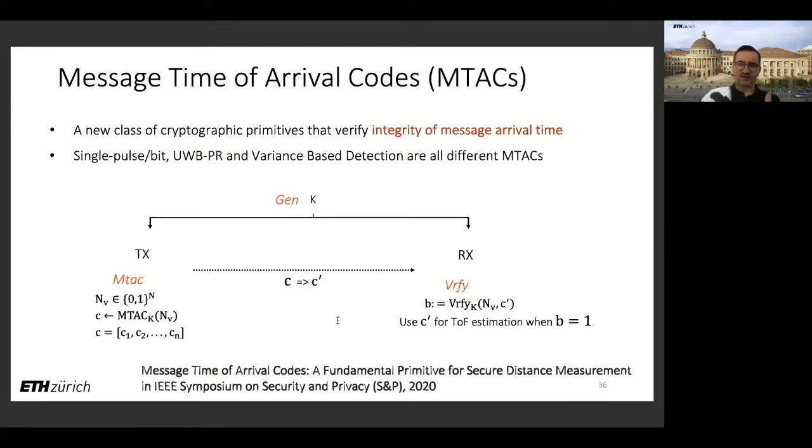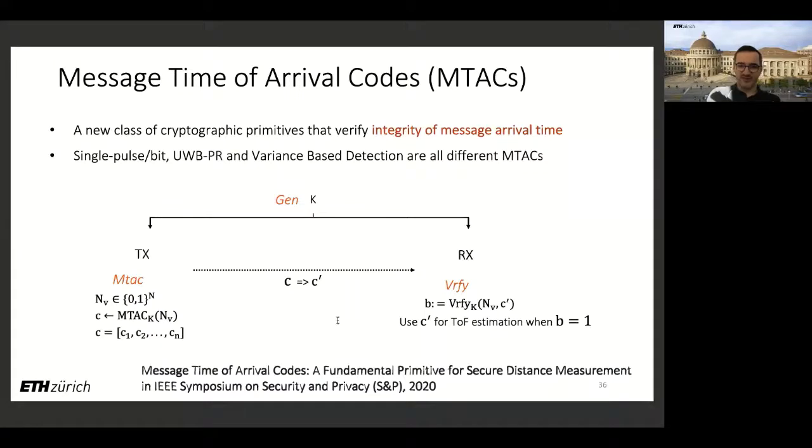You're also making a decision about when the message arrived at the receiver, which means that you need to sample the entire signal that you receive, and then you have to not only try to decode, but make a decision on the time of arrival, right?